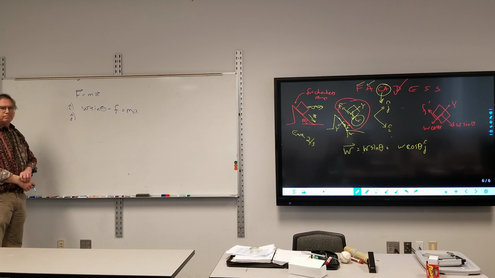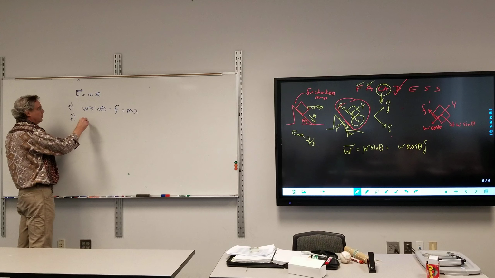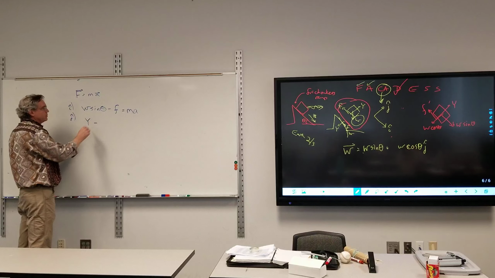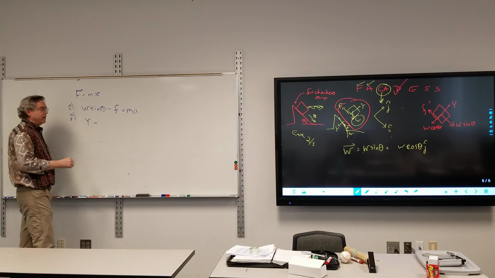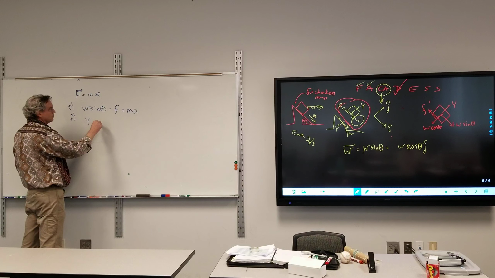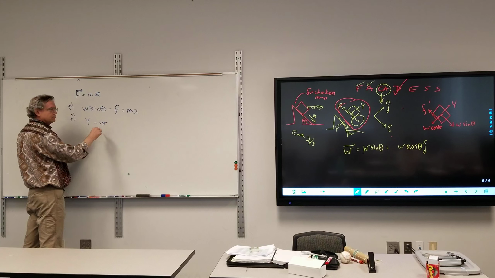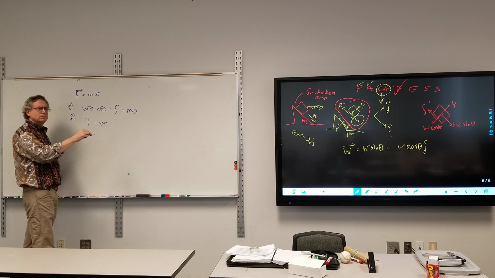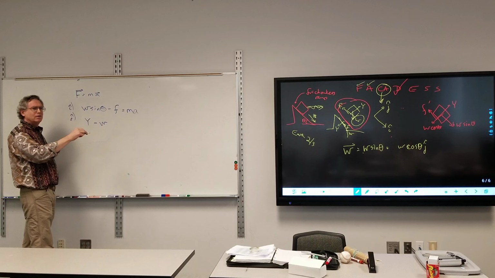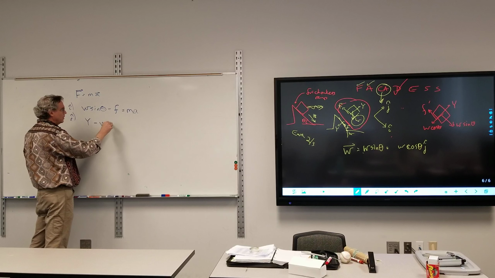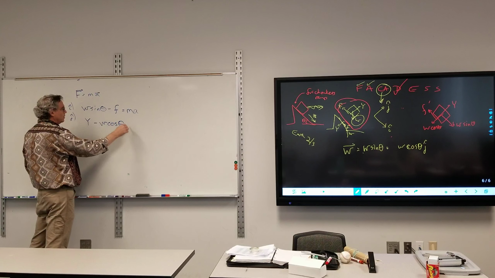Now the J hat. What are all the forces in the positive J hat direction? Y. Minus, what are all the forces in the negative J hat direction? W cosine theta. Negative force.